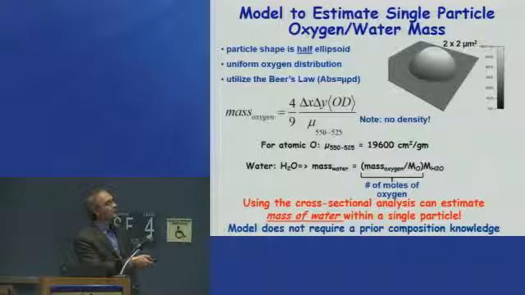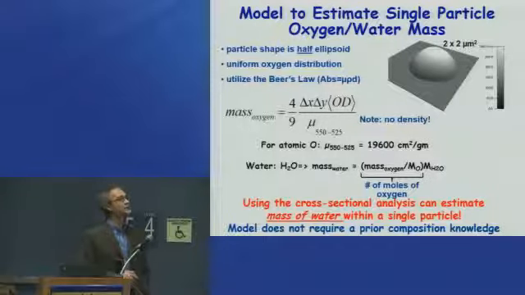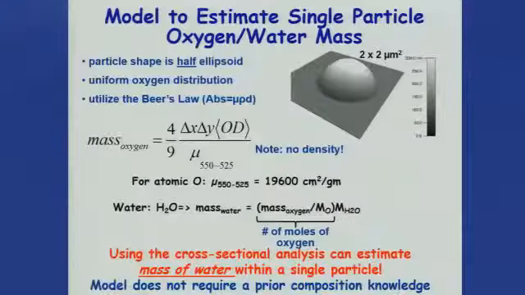And the model that we developed allows us to connect these experimentally measured quantities with the actual mass of oxygen in units of kilograms, without any knowledge of what type of particle, what type of composition we have. And so we can also scale it up and determine the mass of water or mass of oxygen.